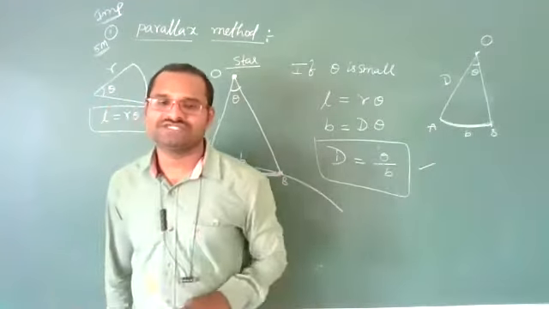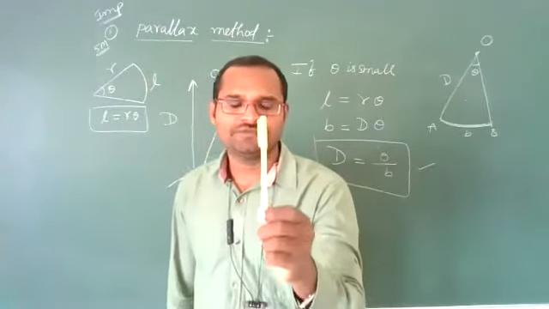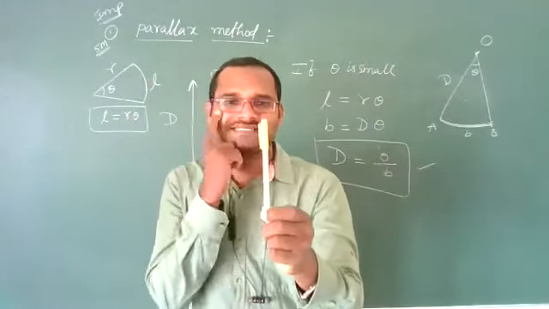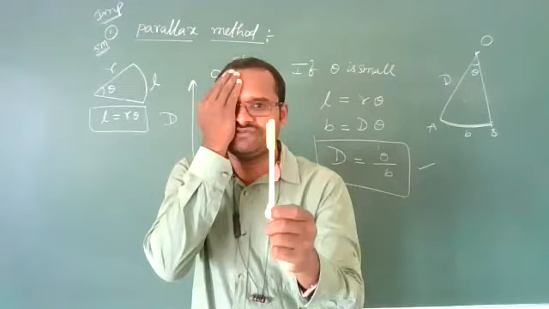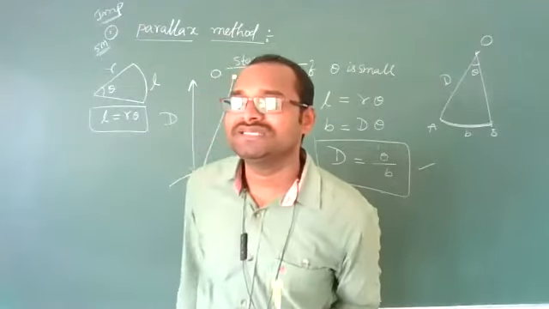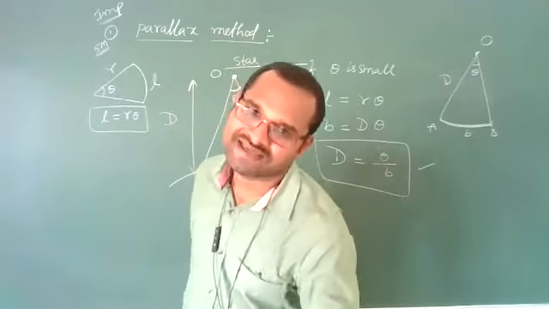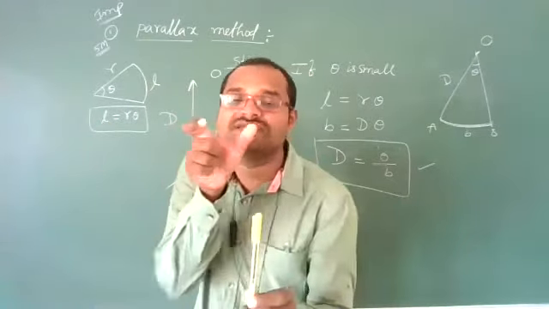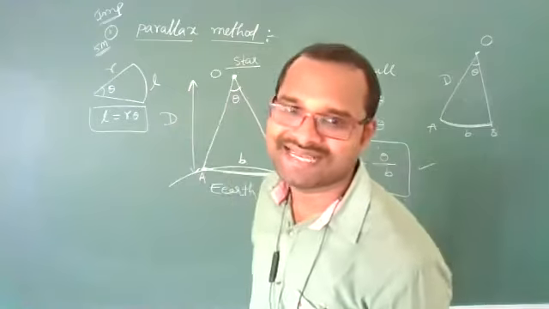Again, one more time, they are asking students: this is the pen. Observe this pen with two eyes, one time with one eye, another time with the other eye. The pen's location is changing. That shift is called parallax, and the angle it makes is called the parallactic angle.